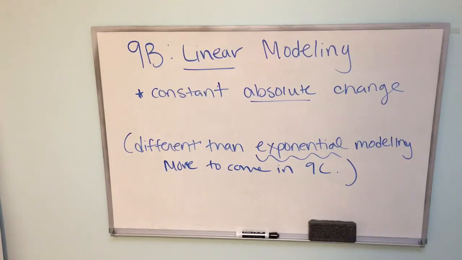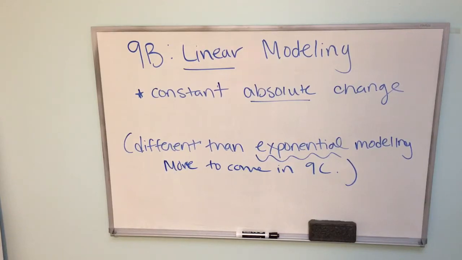However, and this is more to come in the next section, it's different than exponential modeling. Remember, exponential modeling or exponential growth we talked a little bit about in 9A. That's a constant relative change or a percentage change.